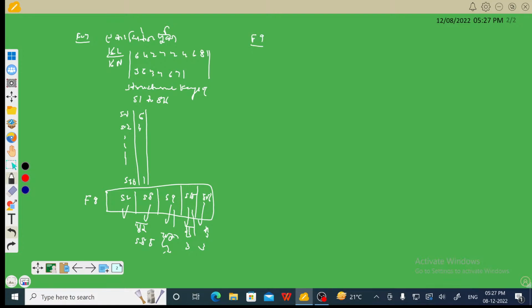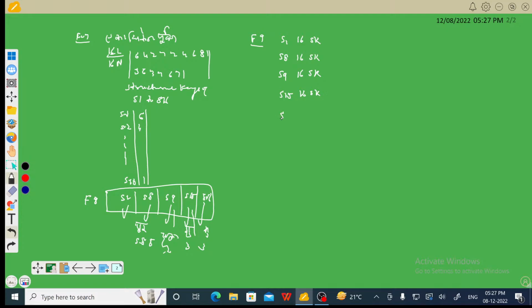Next feature is that Sutra 1 has 16 structural keys. Sutra 8 has 16 structural keys. Sutra 9 has 16 structural keys. Sutra 15 has 16 structural keys.